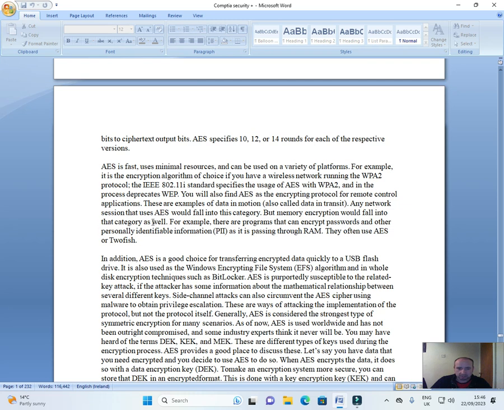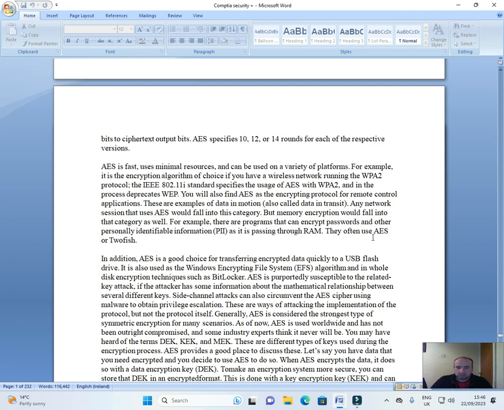Any network session that uses AES would fall into this category, but memory encryption would fall into this category as well. For example, there are programs that can encrypt passwords and other personally identifiable information, PII, as it is passing through RAM.